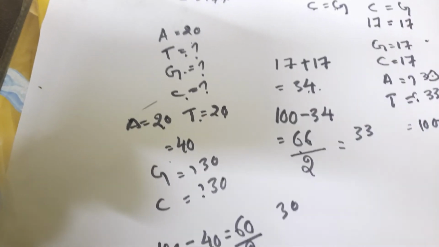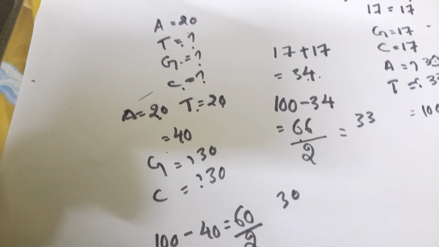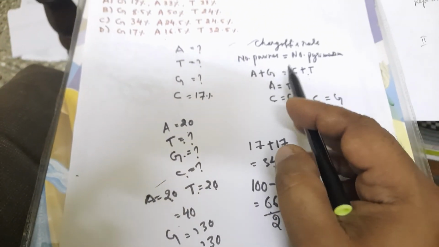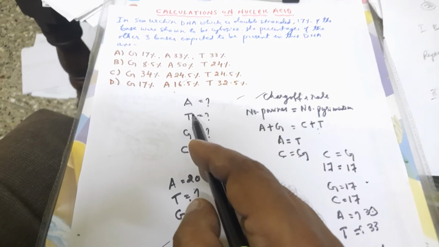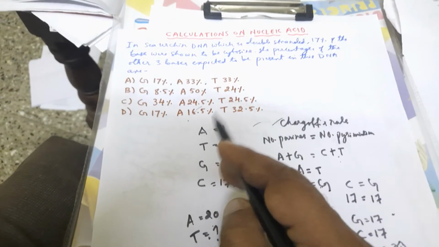Like that they will change the numerical values, but the procedure is the same. You have to go for Chargaff's rule. If you know Chargaff's rule, then you can easily calculate the percentage of nitrogen bases.